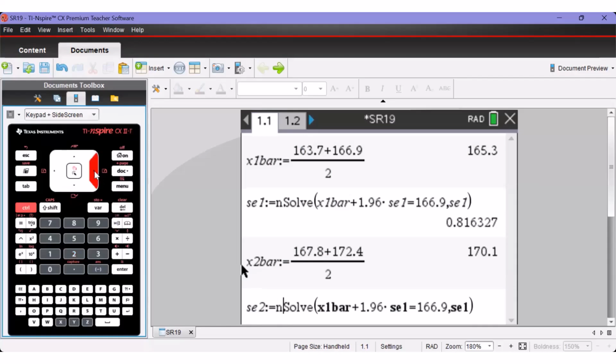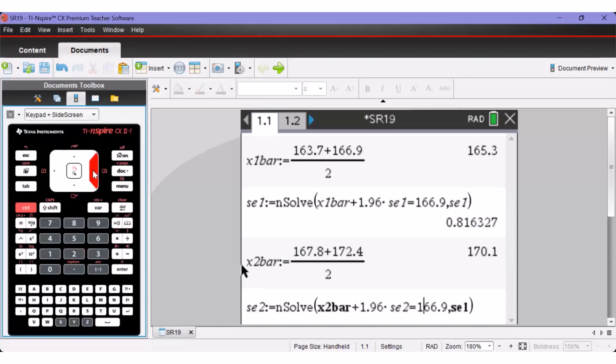So all we need to do now is edit this equation. So SE2 is x2 bar plus 196 times SE2.